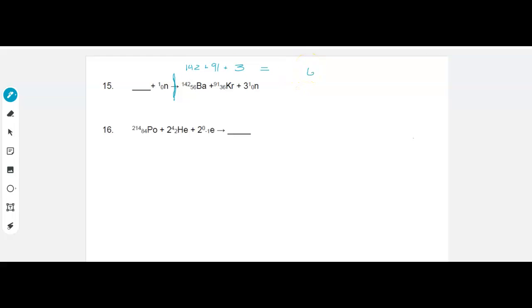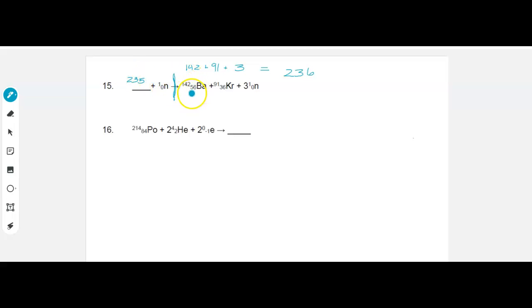So that is 6, 3, 2. 236. Should be right, if my math doesn't fail me. So I've got 236 on the left. What do I add to a 1 to make it add to 236? Well, the answer is simple. It's going to be 235.